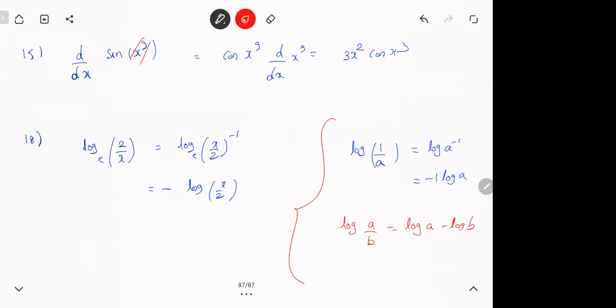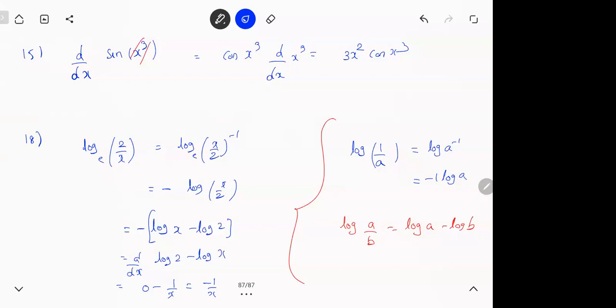Those are some logarithms. So this would be minus log x minus log 2, so this would be log 2 minus log x. Log 2 is constant, so basically differentiate this. So that would be 0 and minus 1 by x. So answer is minus 1 by x.